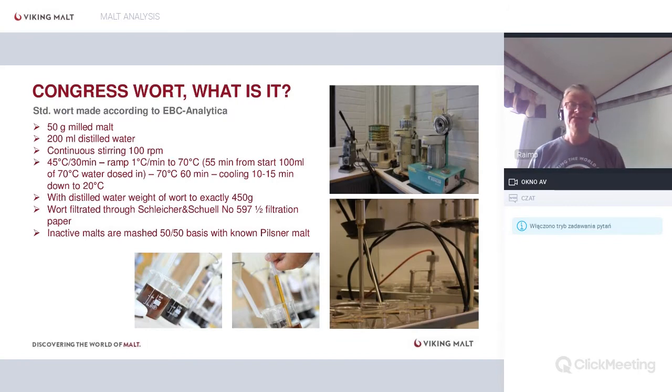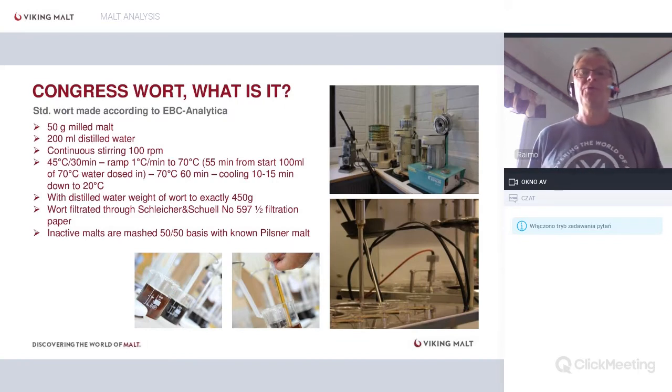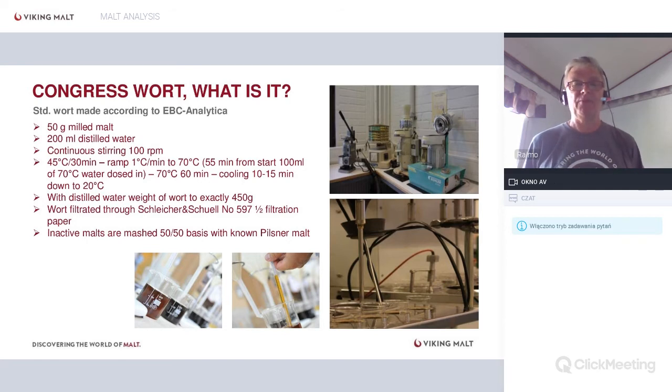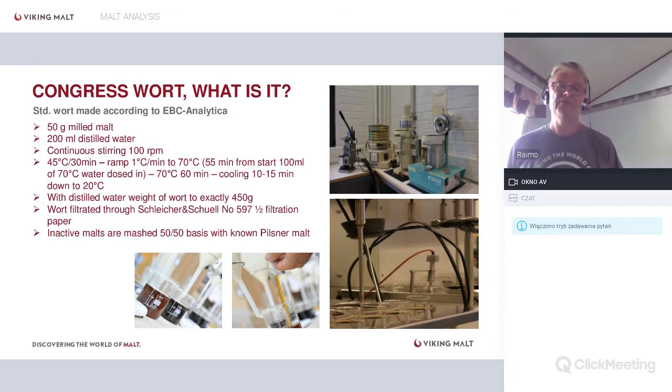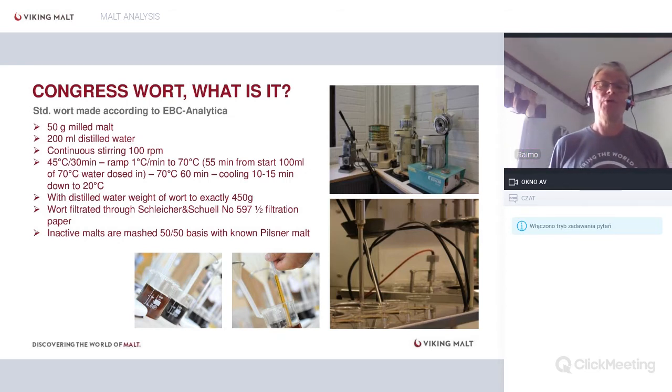Typical analysis is based on EBC, like we do in Europe. It's the Congress wort, a kind of standard wort, and it is made by the rules of EBC Analytica. And I have described here what kind of process it is.